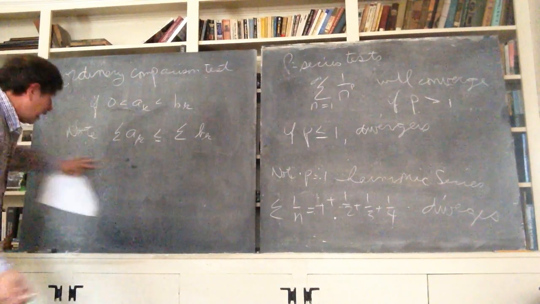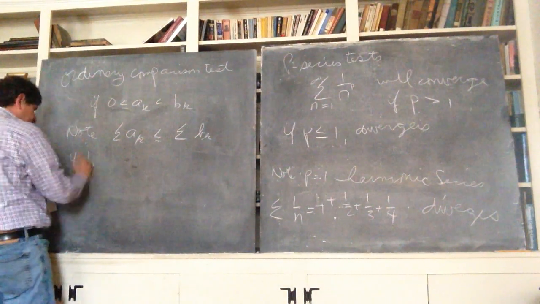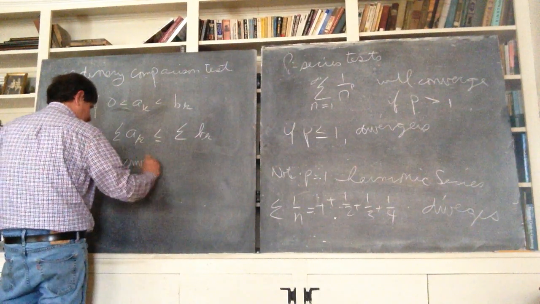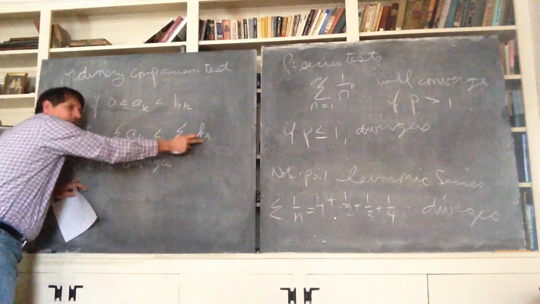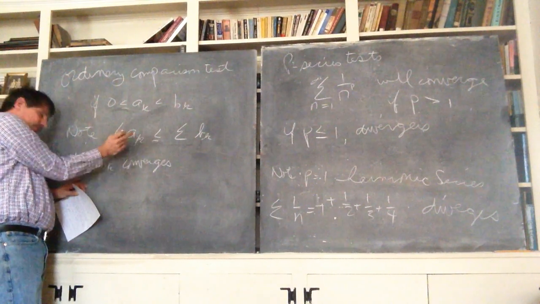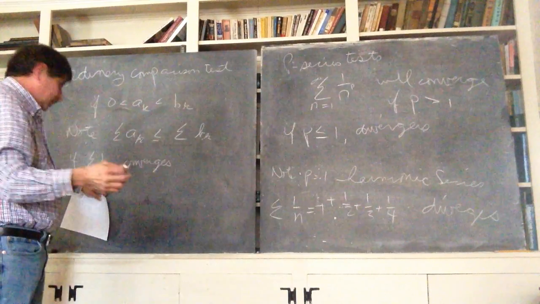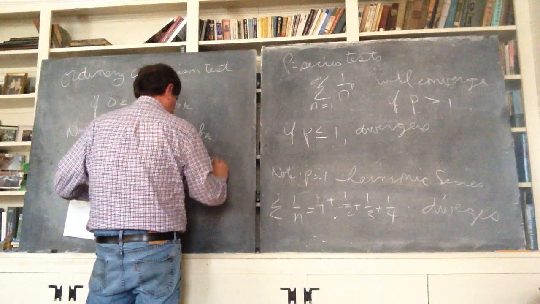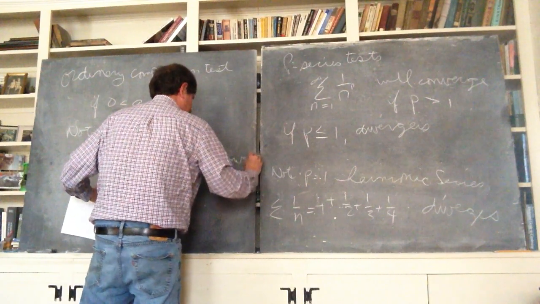If the sum of b sub k converges, the greater series converges, and the other one is less than it, then certainly it converges. And vice versa.